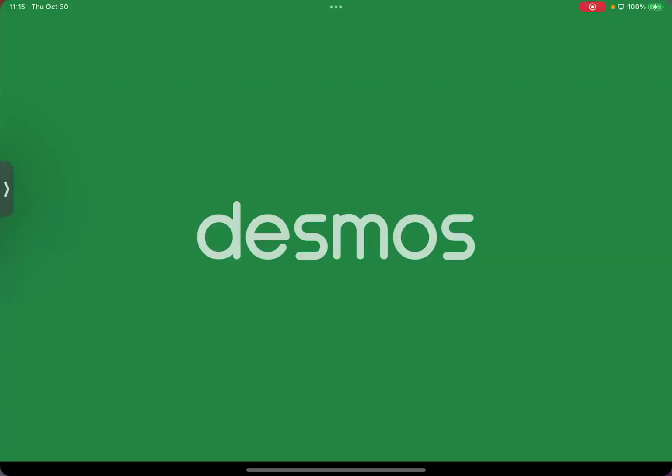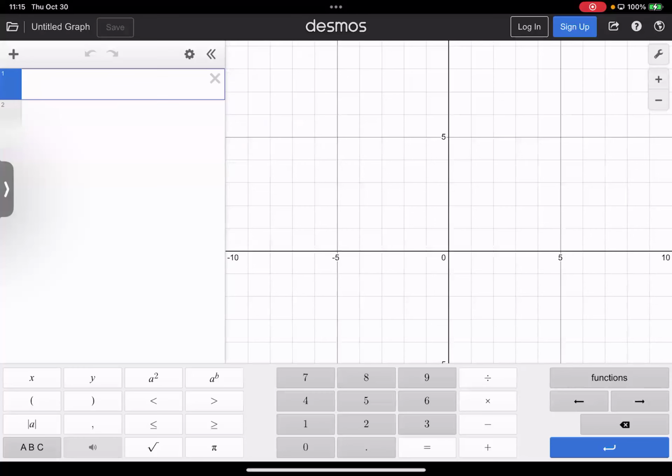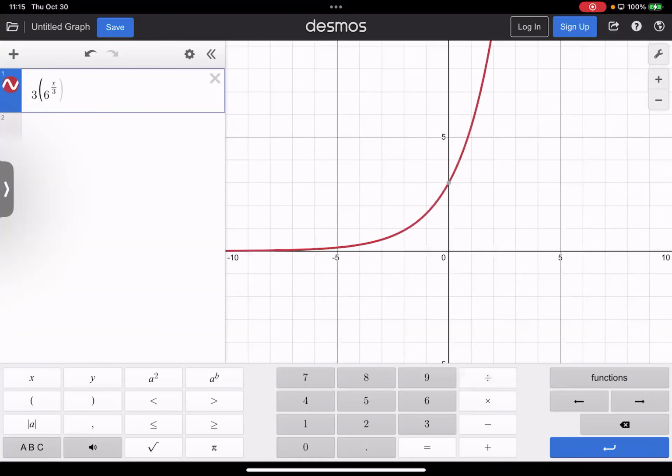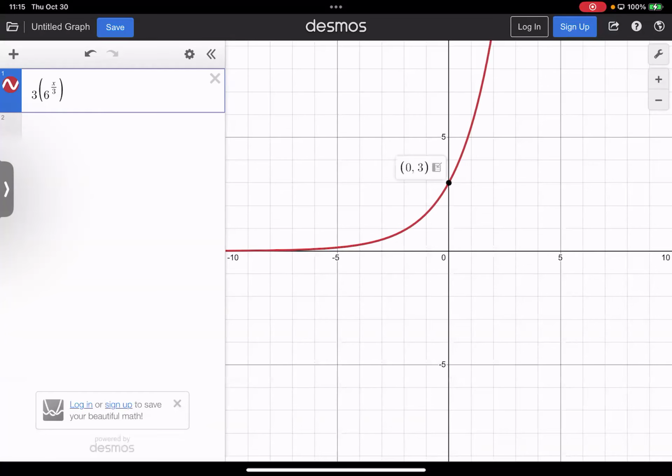Just restart it, I guess. 3 times 6 to the power of x divided by 3. Close this bracket. What do I want to confirm? I first want to confirm that it goes through 0, 3.